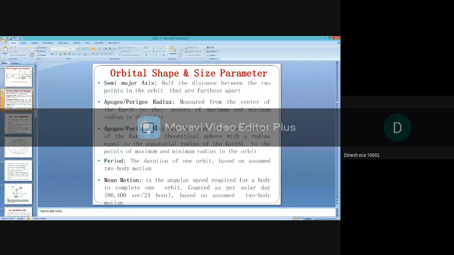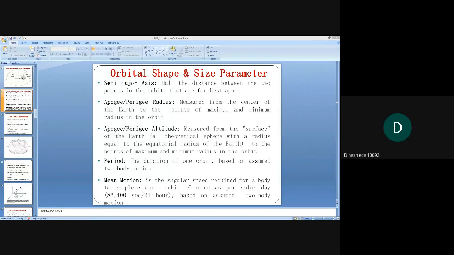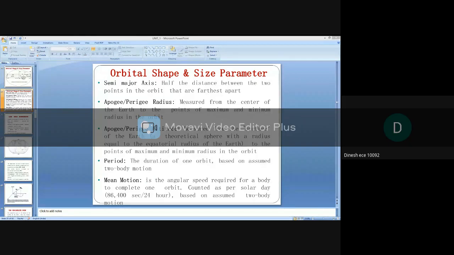So the semi-major axis defines half the distance between the two points in the orbit that are farthest apart.